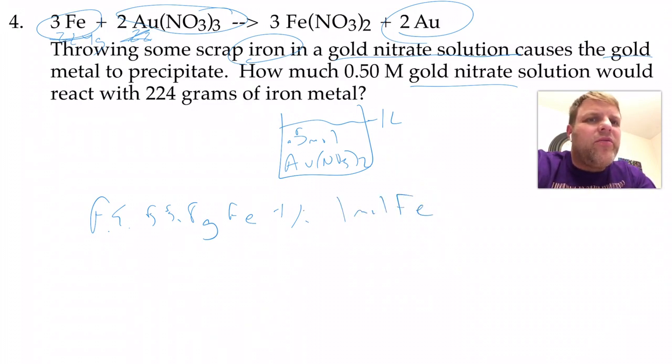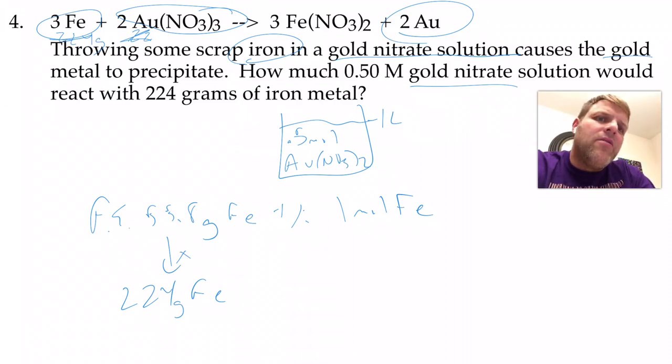And we've got 224 grams of iron. So we're going to multiply this by 4-ish, close to 4. 4 would get us to 220. Yeah, it's around 4. Let's call it 4. It's close enough. Times 4, that would get us 4 moles of Fe.